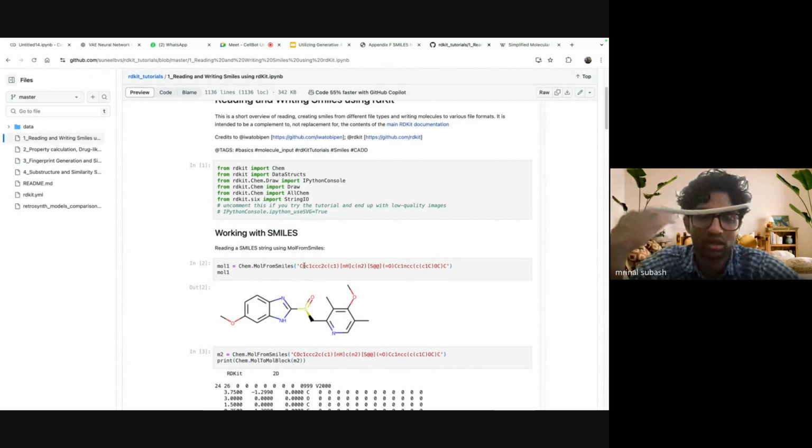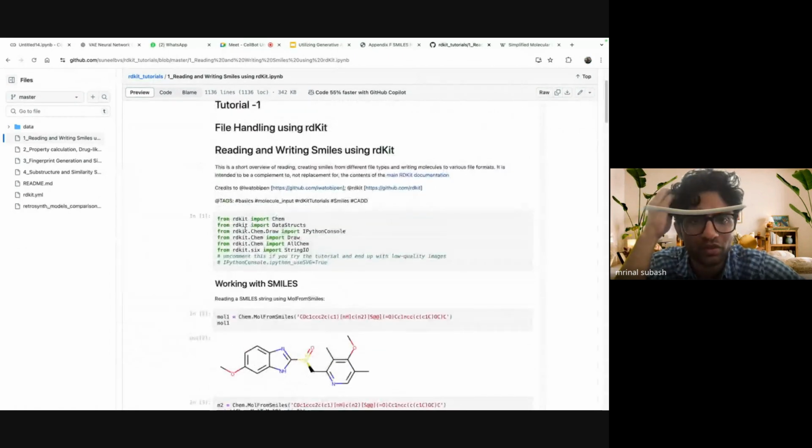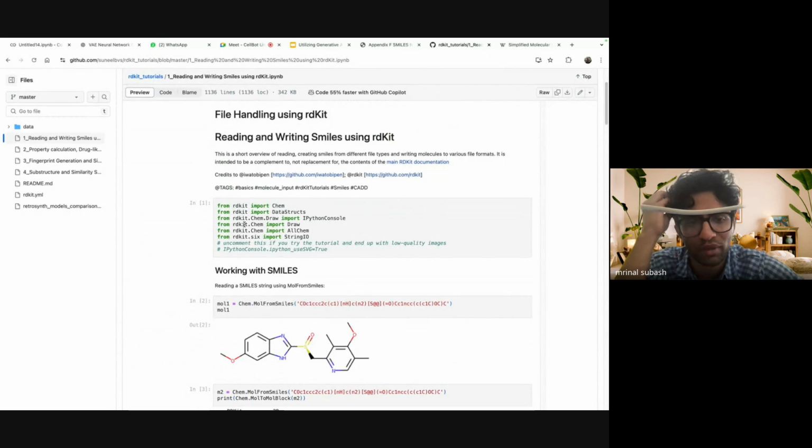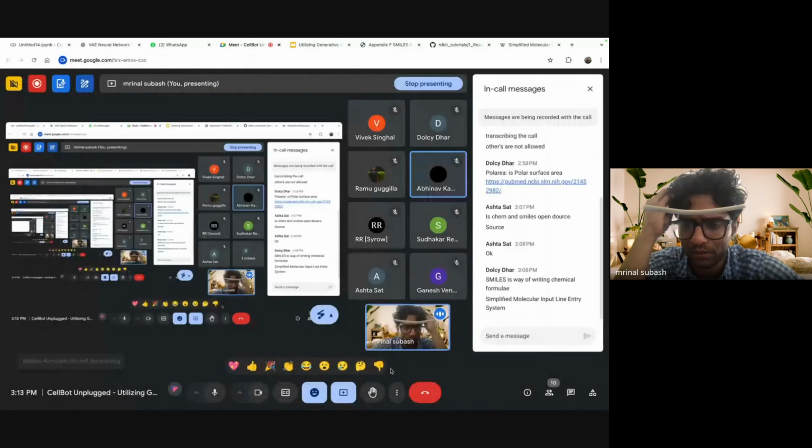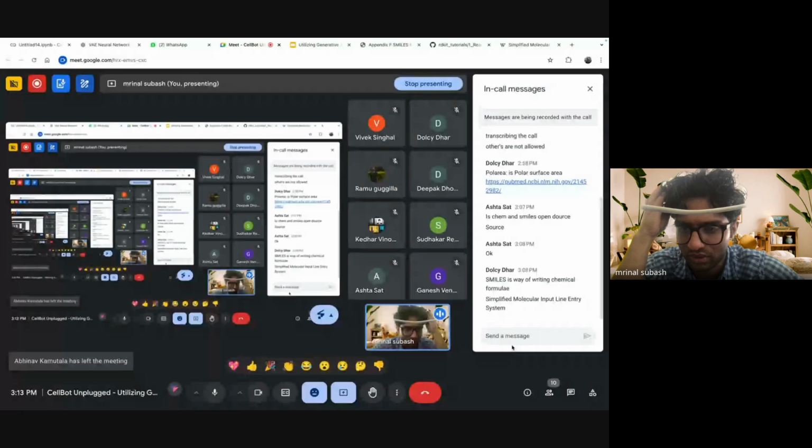So they're doing the reverse process. Chem is an open source thing. You can load Chem from RDKit. I hope that answered your question.